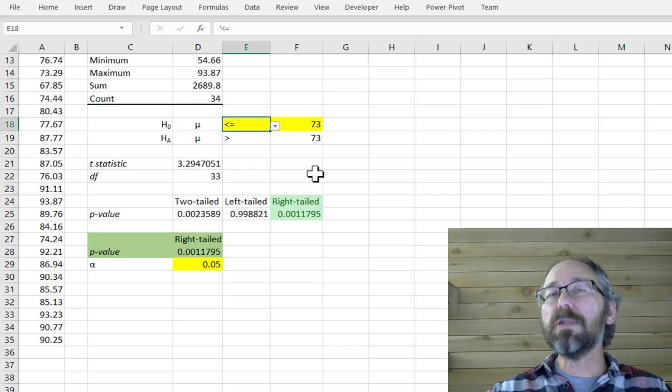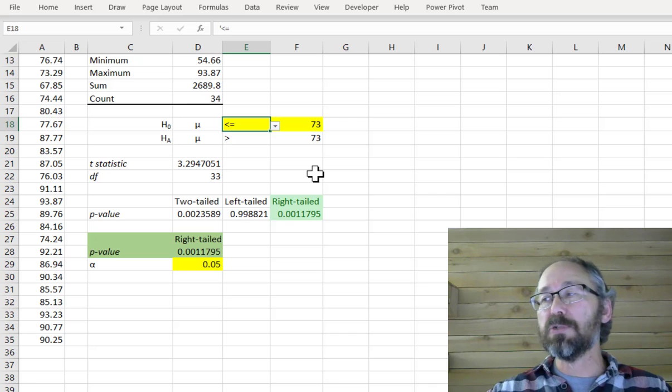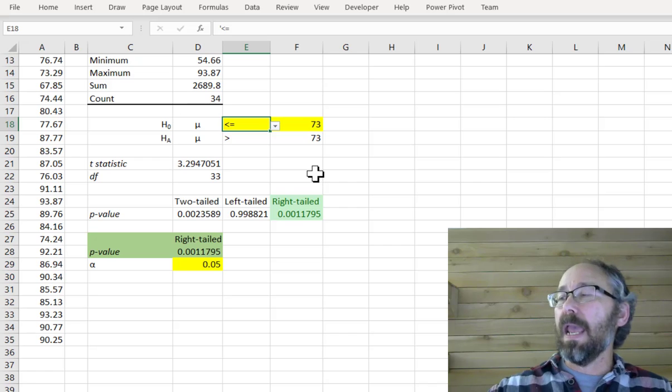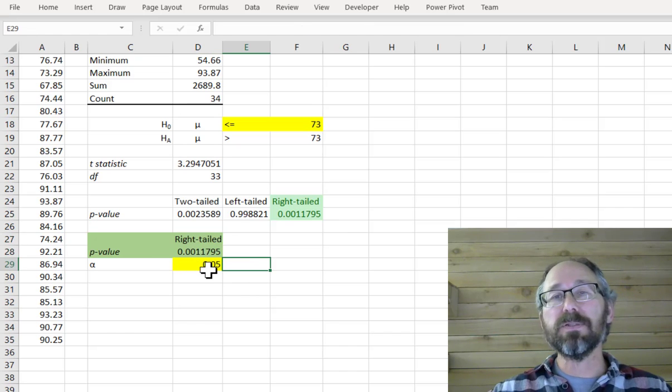That gives us an alternative hypothesis that the mean of the population, based on this sample, is greater than 73. And again, we can look at the results for the right-tailed test down here and see that indeed the p-value is less than 0.05. So we can reject the null hypothesis.